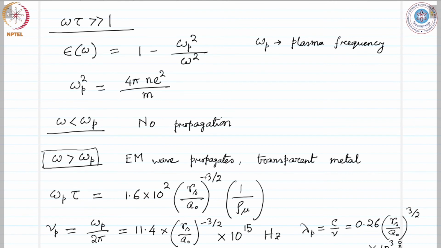So, this is a very important consequence, that at very high frequency the metal becomes transparent. Let us consider another important consequence, the second important consequence. The electric charge density has an oscillatory time dependence, so the electric charge density goes as e to the power minus i omega t.